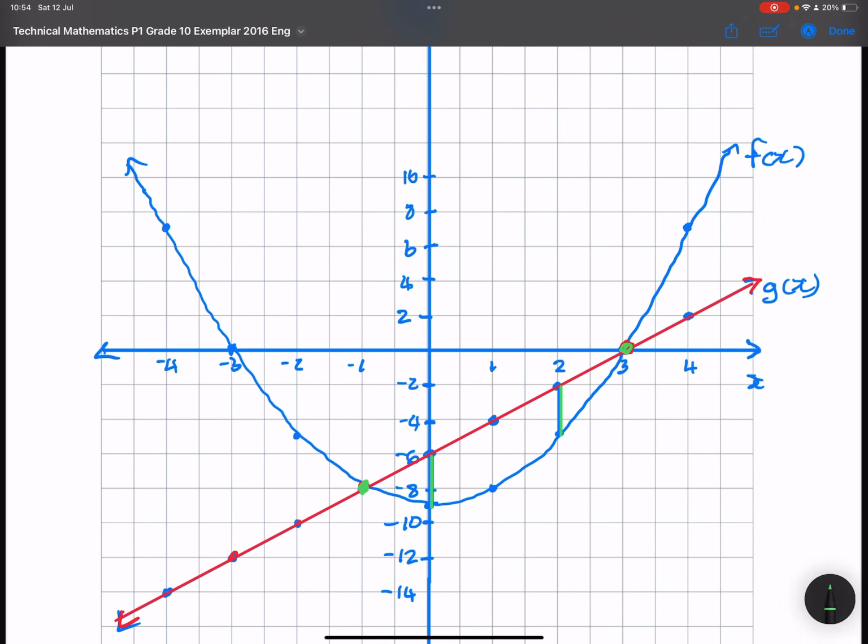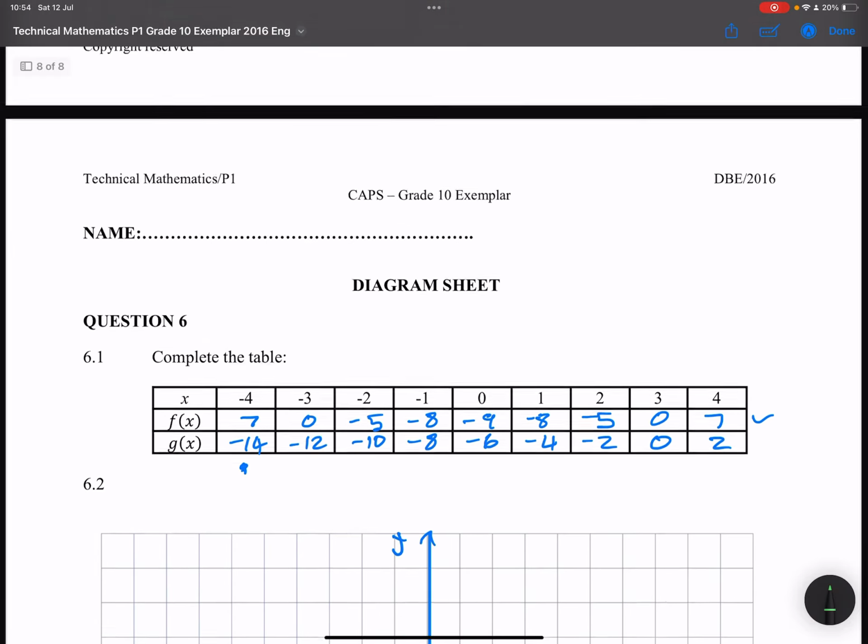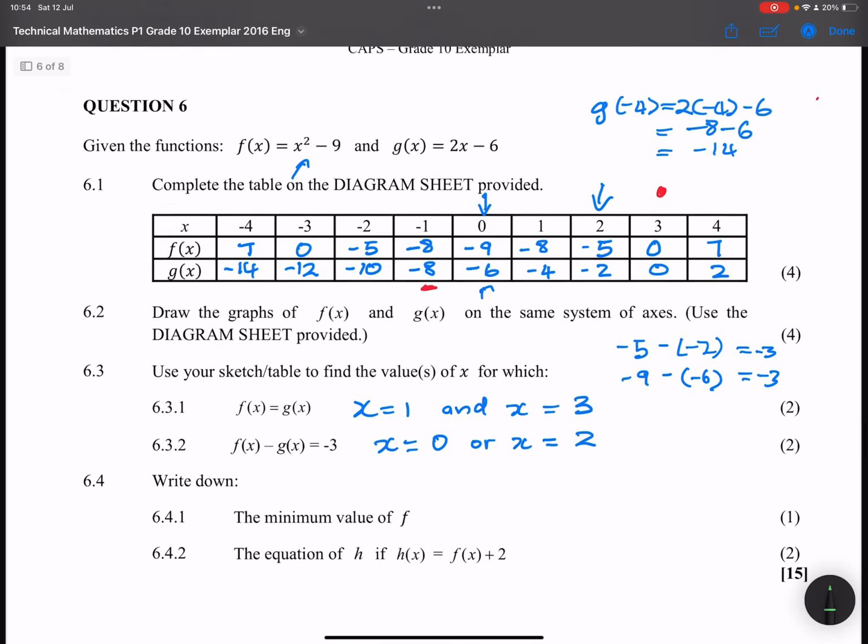So that looks like those 2 points. We need to make sure that we maintain that f of x is greater than g of x. I can't really see any other point, so those 2 would suffice.